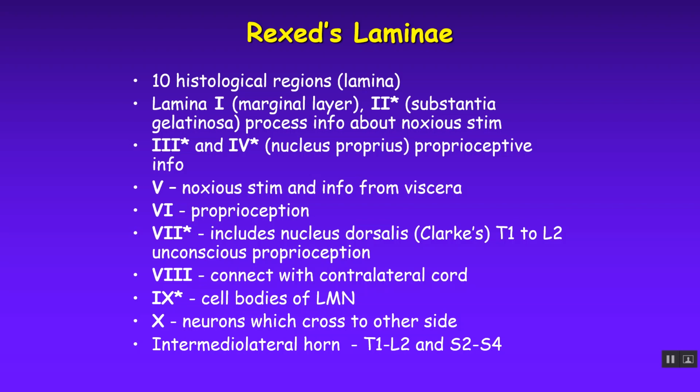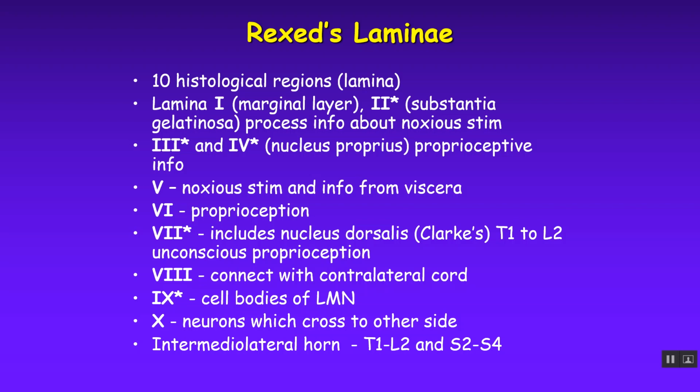I'm trying to remember now. Yes, lamina 5 is down there, but I don't have it starred. That's noxious stimulation, but that's more from the viscera. So it does process pain information, but it's more from your visceral areas, where laminae 1 and 2 are from the sensory systems of your musculoskeletal and skin regions, from your limbs and the surface of your body.